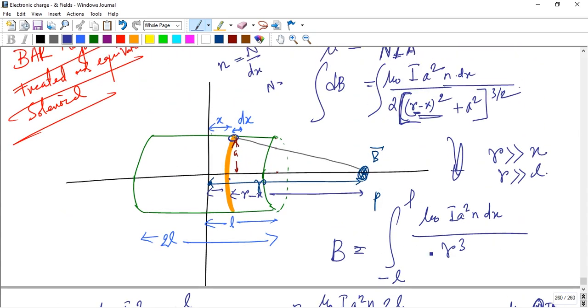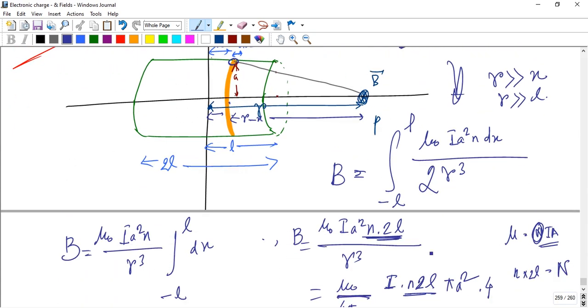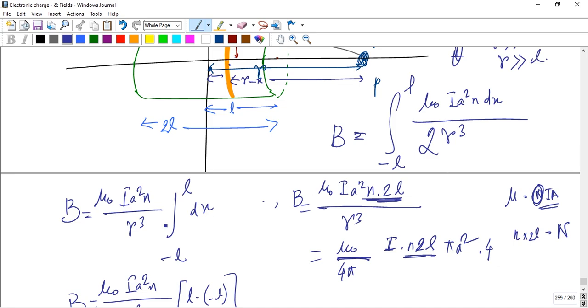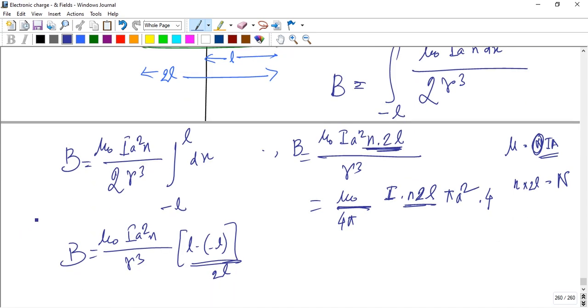Sorry, there is a mistake, there is a 2 here. This 2 is outside the integration, this side 2 here, 2 here, the 2 and 4 cancel.